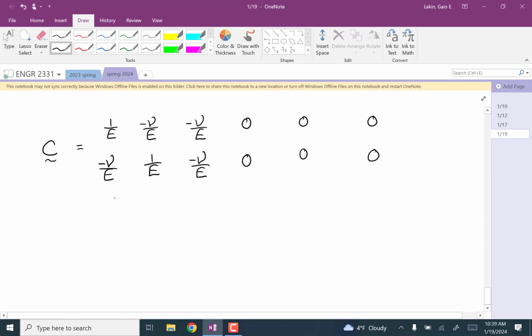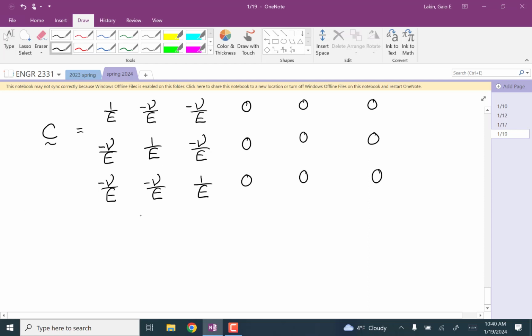And then the third one, negative nu over E, negative nu over E. I guess probably it was a thing long before people put it into a full matrix form, so that's probably why. But negative nu over E, negative nu over E, 1 over E, 0, 0, 0.